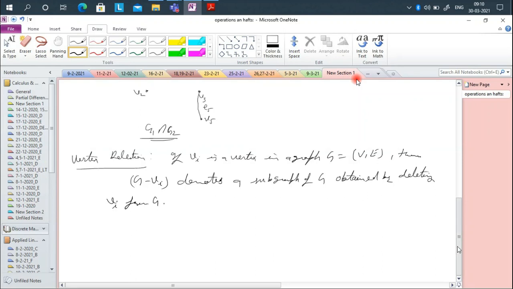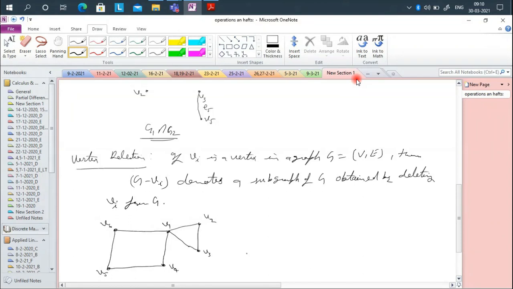So how do we delete? See here, we have a graph. So V1, V2, V3, V4, V5 and V6.